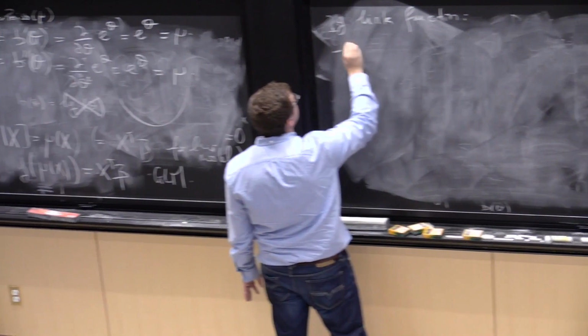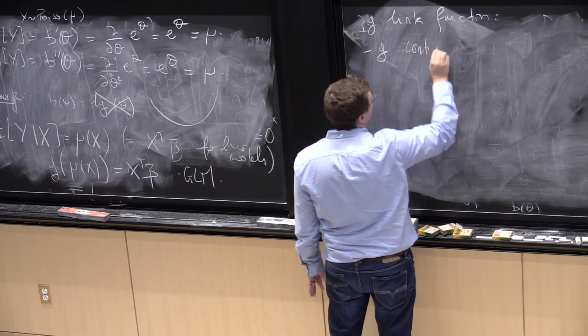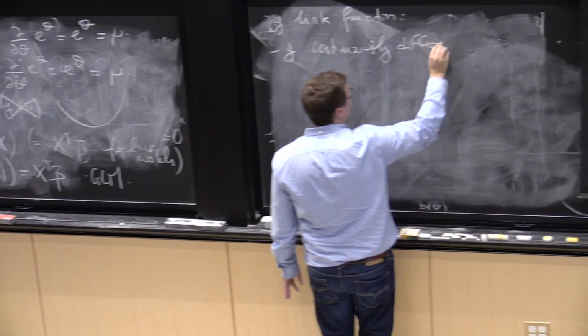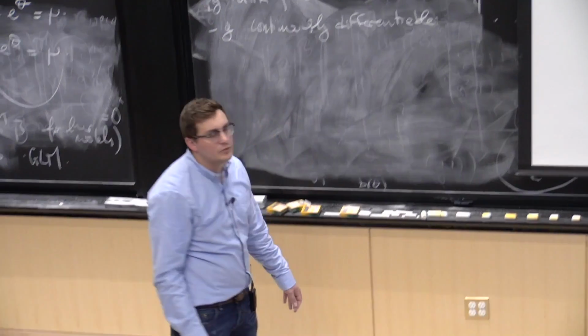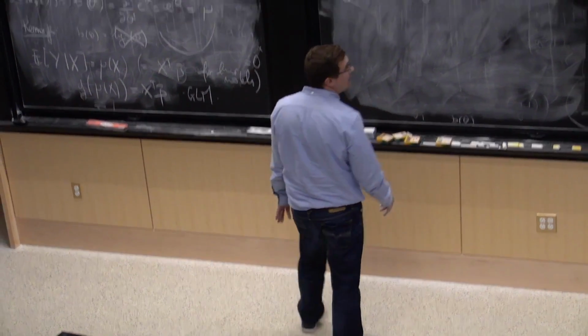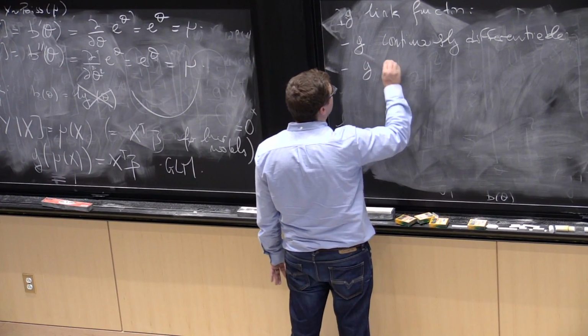And I'm going to want g to be continuously differentiable. Let's say that it has a derivative, and its derivative is continuous, and I'm going to want g to be strictly increasing.